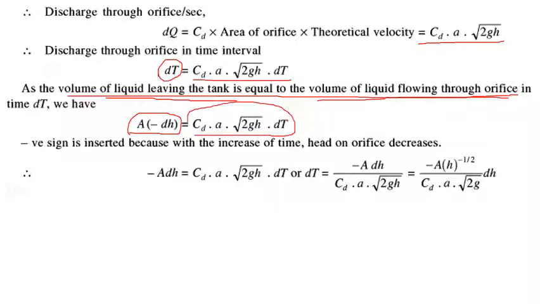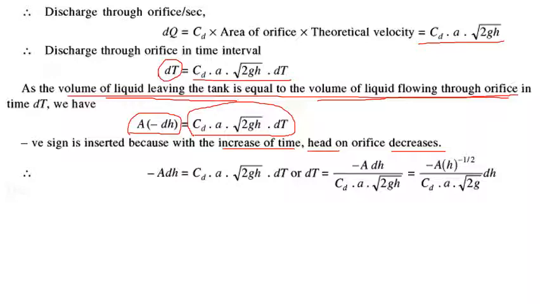So we have both the quantities and we can equate them. Here the negative sign is given on the left side because of the decrease in head with increase of time. That is, as time proceeds, the height is decreasing.